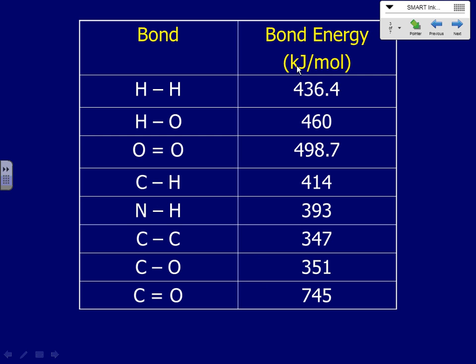We can conclude that the higher the energy, the stronger the bond is, and the lower the energy, the weaker the bond is. So this is kilojoules per mole of these bonds. And again, the sign isn't placed there because it depends on whether we're breaking bonds or making bonds.